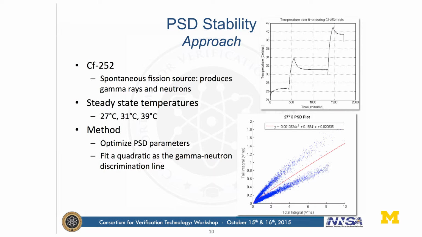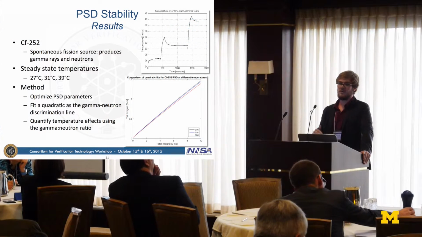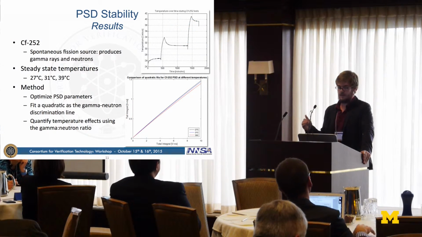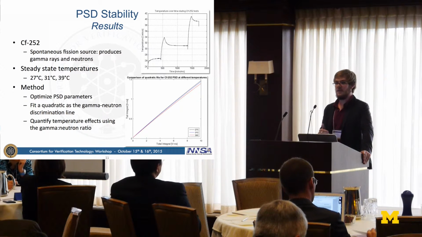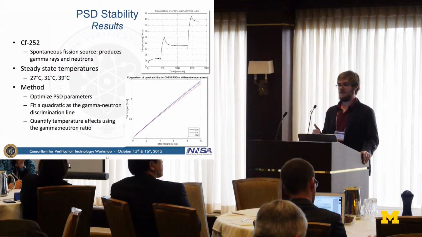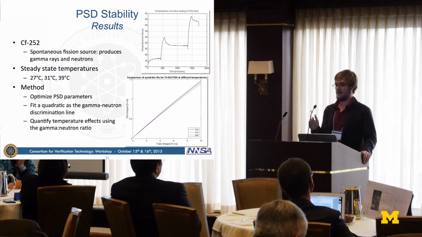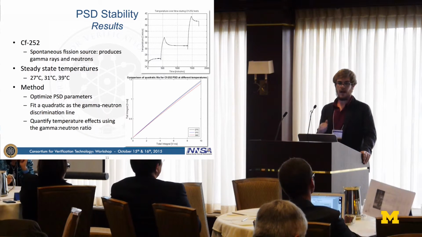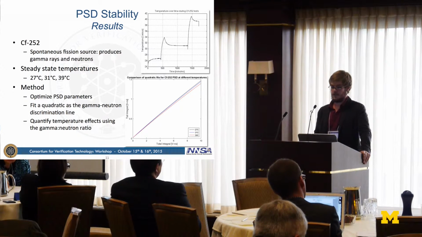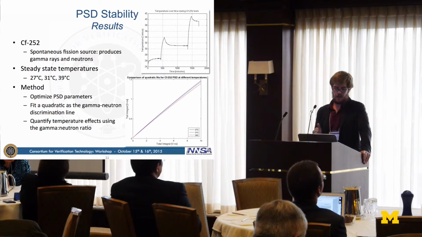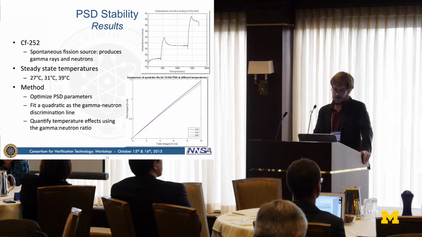Now, to compensate for this shift in the PSD clouds, there's a corresponding shift in the gamma-neutron discrimination line. This allows us to quantify the effects of temperature on PSD by applying the 27-degree gamma-neutron discrimination line to all temperature cases and observing the trend in the ratio between gamma counts and neutron counts.